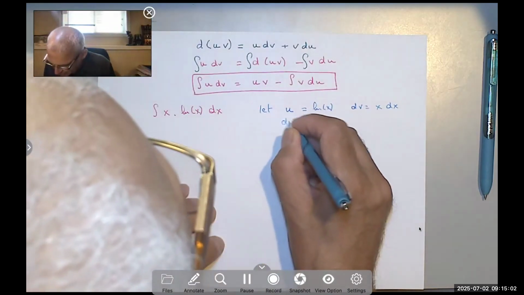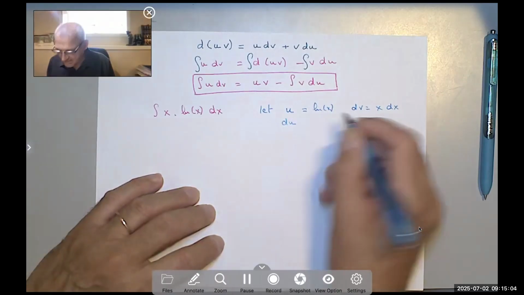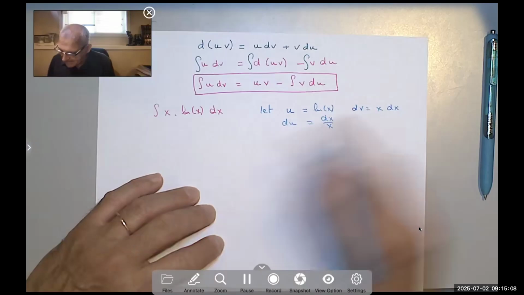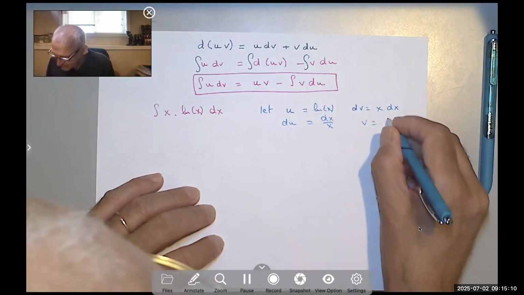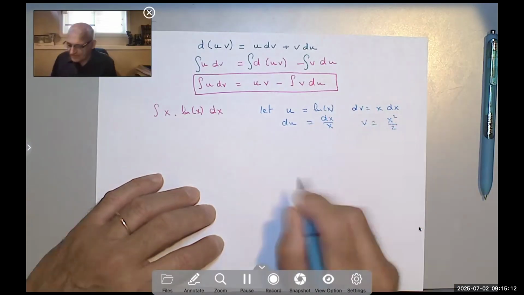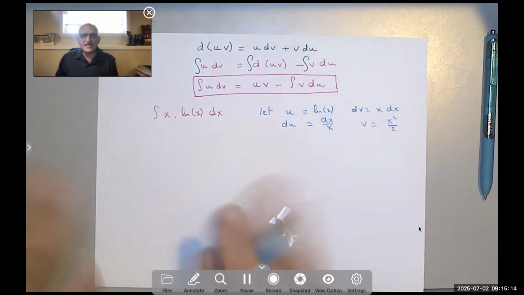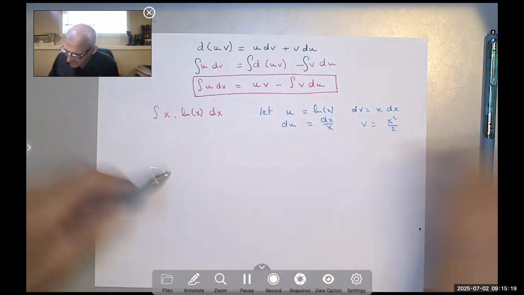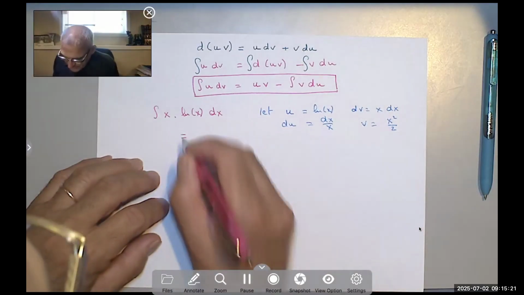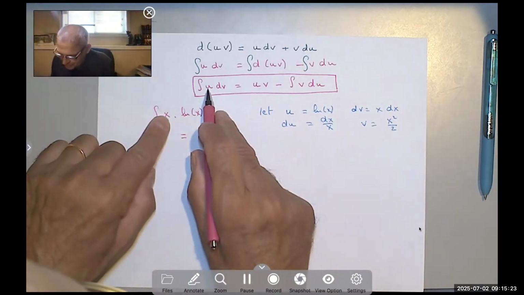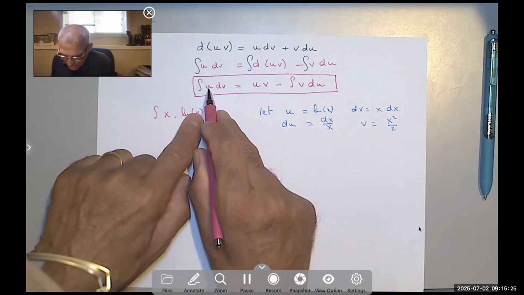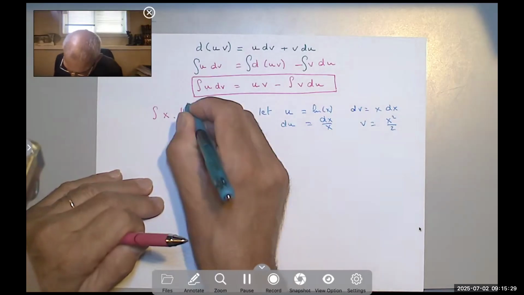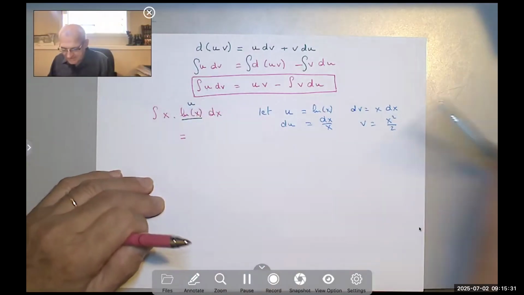So du, we know that it's 1 over x dx, or you can write it as dx over x. And v is the integral of x, which is x squared over 2. Don't say plus a constant. We'll see that, and we'll keep it till the end. So now this integral becomes, if I substitute, this is u, and then the other one is dv.